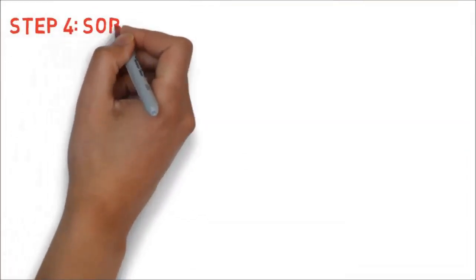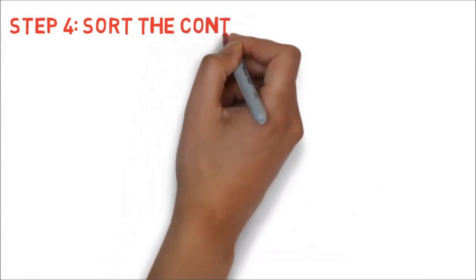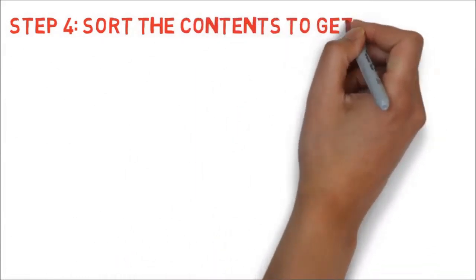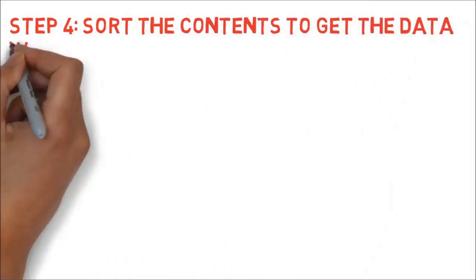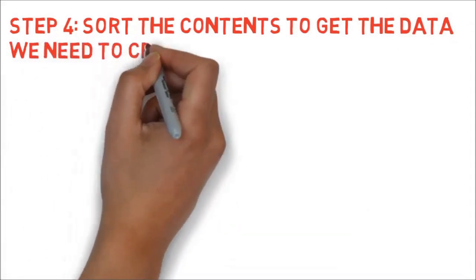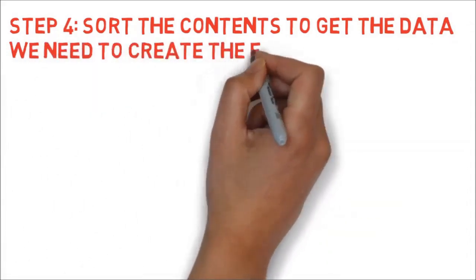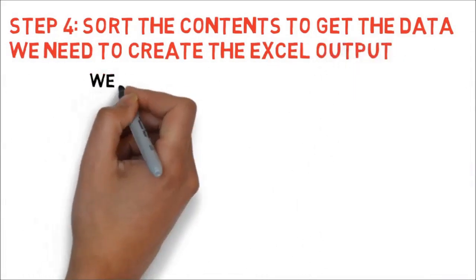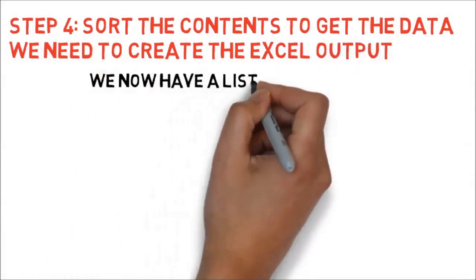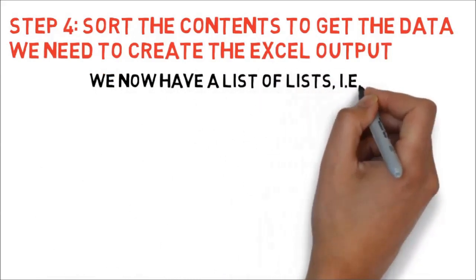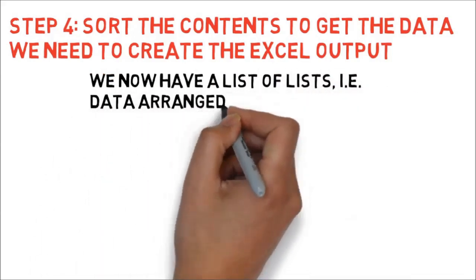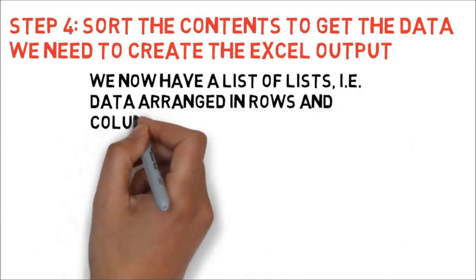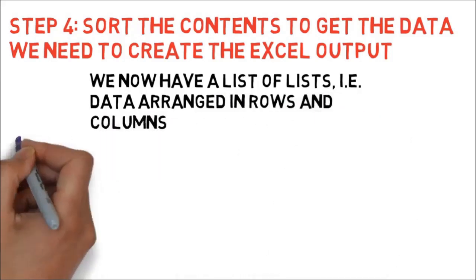Now, step 4 is to sort the contents of the list that we generated in the previous step and get the data we need to create our Excel file. So, in the previous step, we created a list of lists. Each list in this list of lists is the data corresponding to one ticker. This data is now arranged in rows and columns.